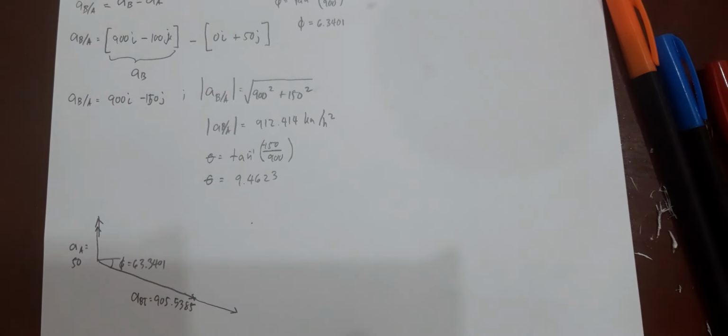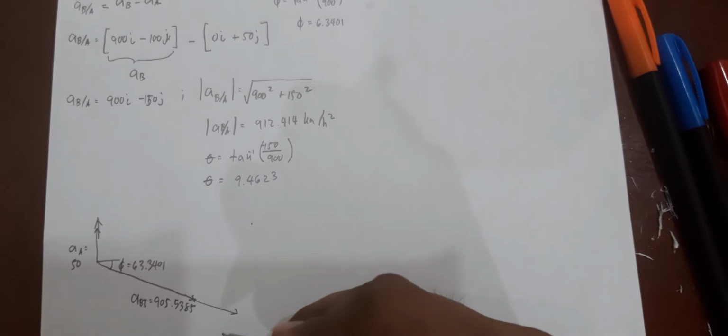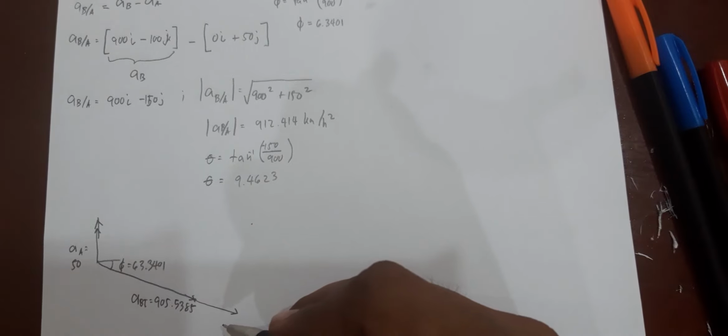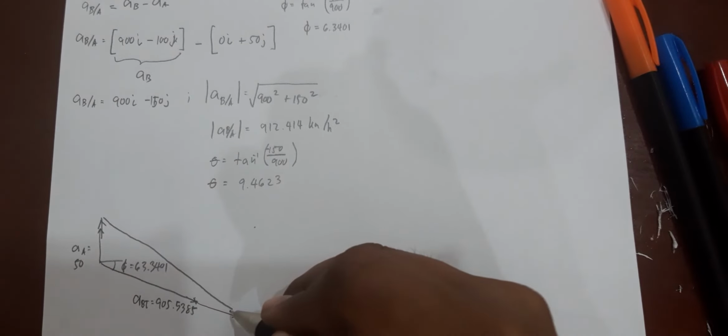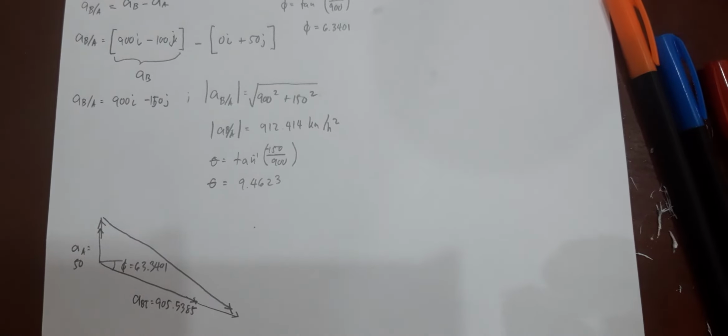As for that one, you have there 50. Now, since we are observing plane B, this is again the acceleration of B, and the acceleration of A. Since we are observing B, the resultant, or the difference of vectors, would be this particular arrow.